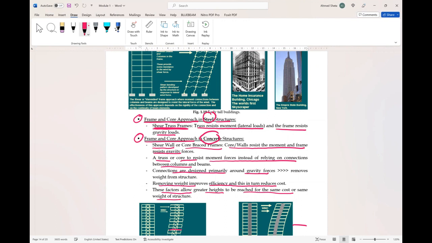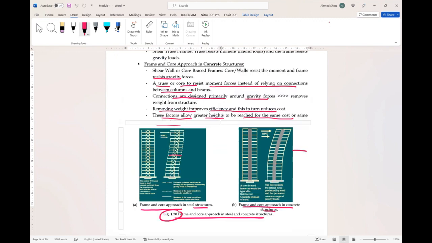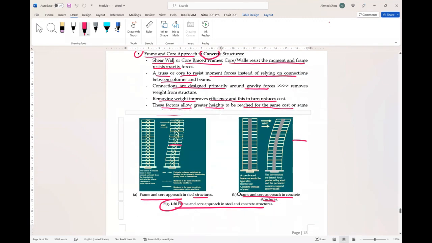And this figure shows a comparison between the frame and core approach in steel structure and the frame and core approach in concrete structure, figure 120. As you can see here, the core is from steel, called shear truss frame.